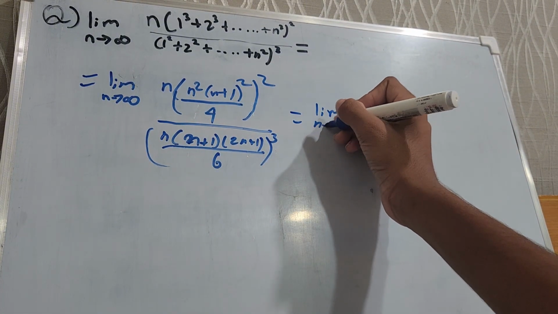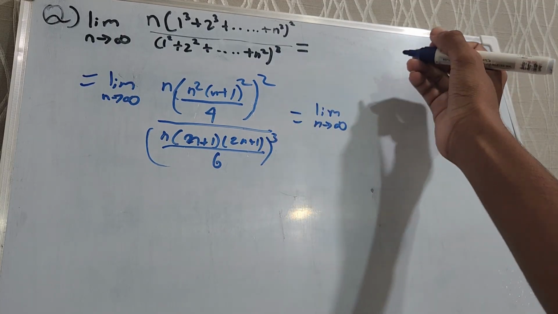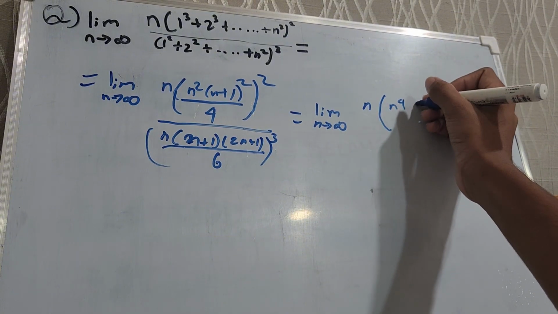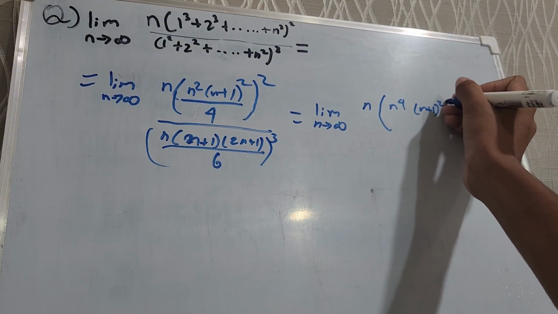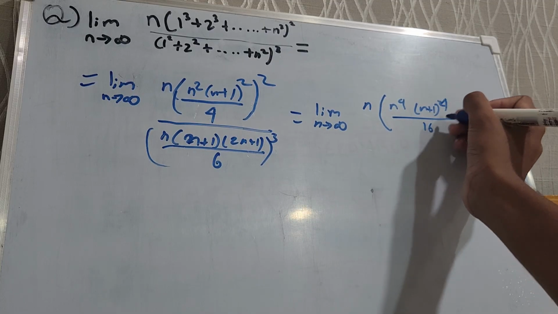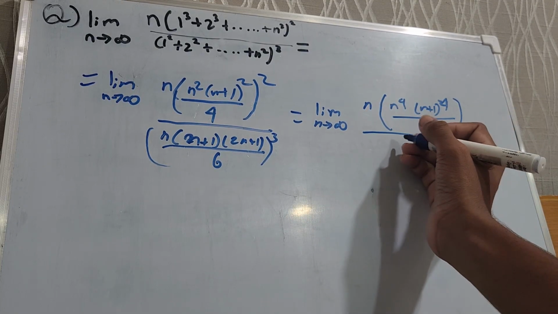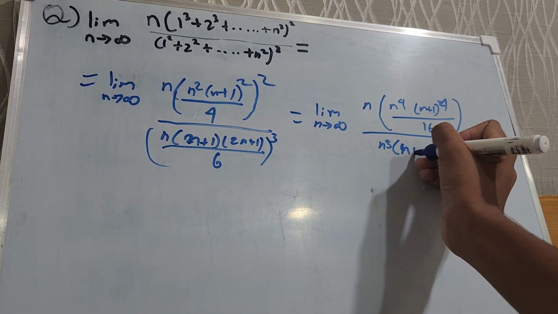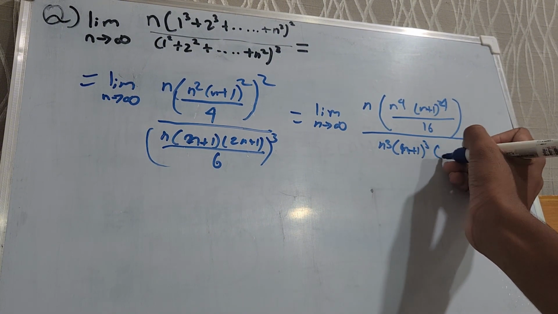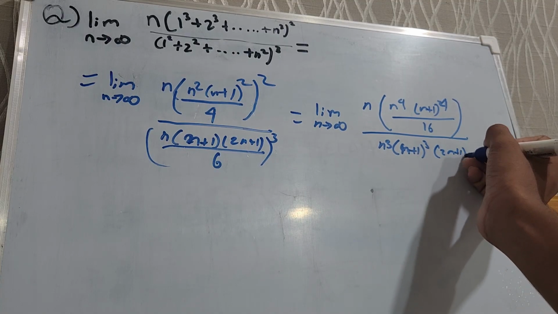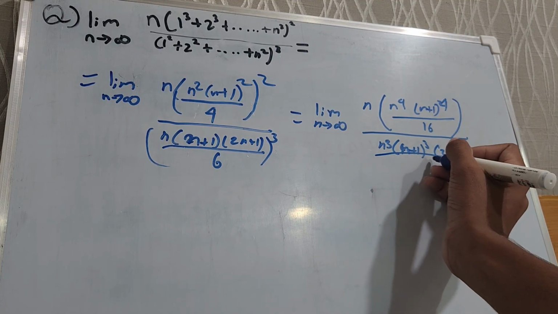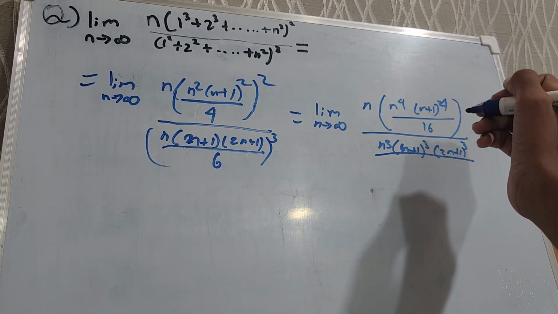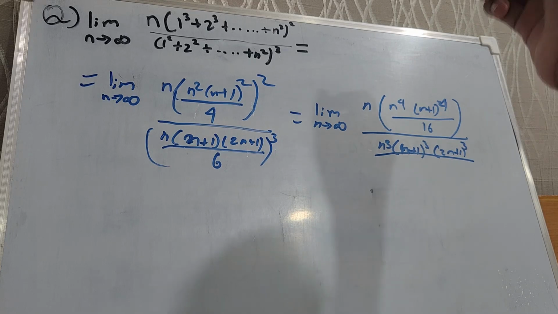limit n tends to infinity n into n power 4 into n plus 1 whole power 4 by 16 by n cube, n plus 1 cube, 2n plus 1 whole cube by 6. 6 cubed is 36 into 6, 216.